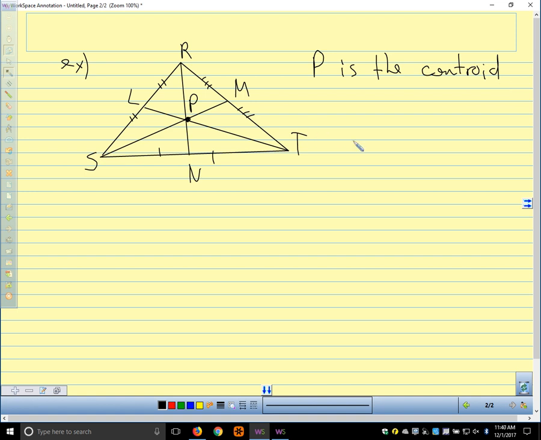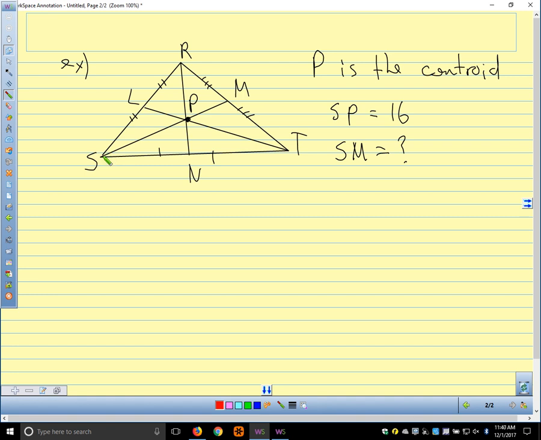And I'm going to say that SP is 16, and we want to know what SM is. So SP is this, and SM is this whole length here. Well, SP is from the vertex to the centroid, and we know how much of the triangle that is across? 2/3.